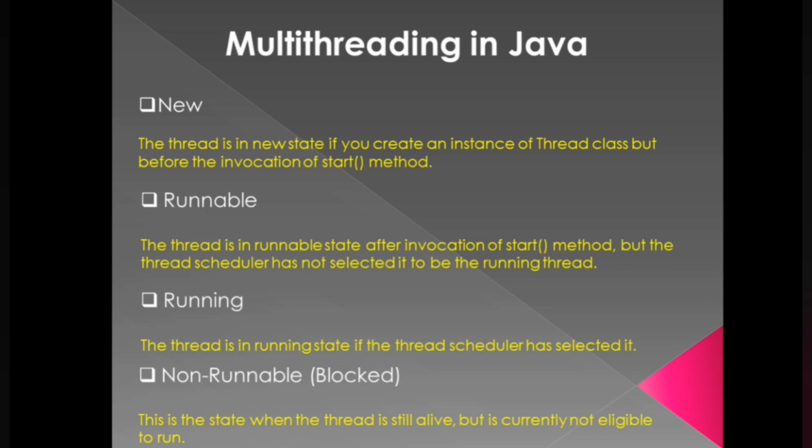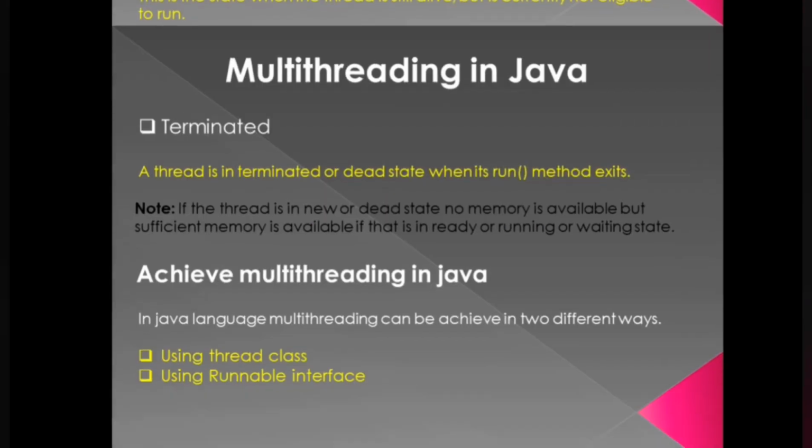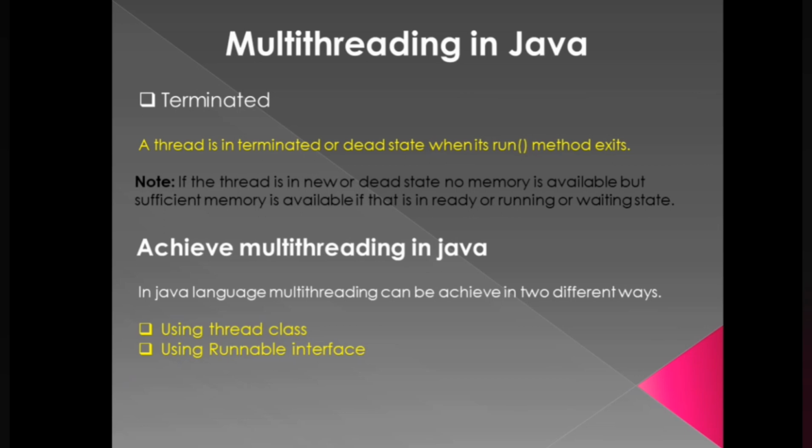And the next one we have non-runnable or blocked. This is the state when the thread is still alive but is currently not eligible to run. Next one we have terminated state. A thread is in terminated or dead state when its run method exits.